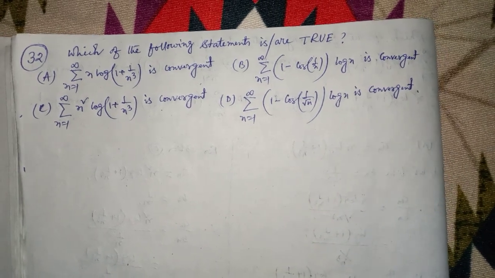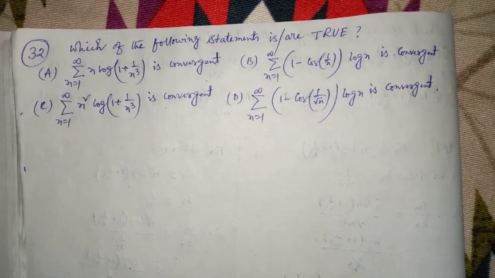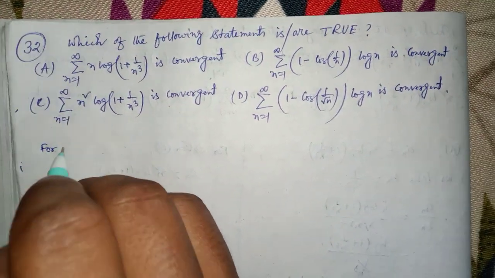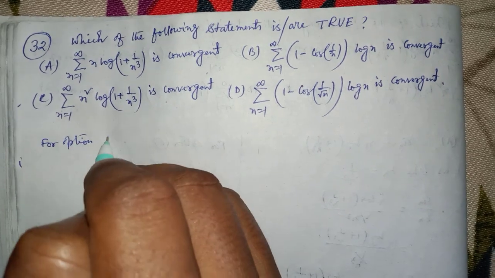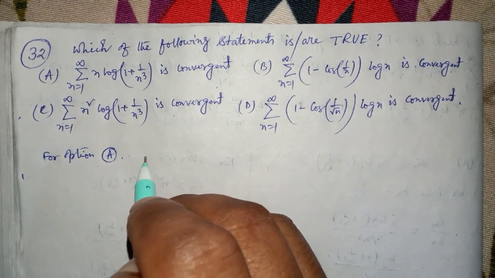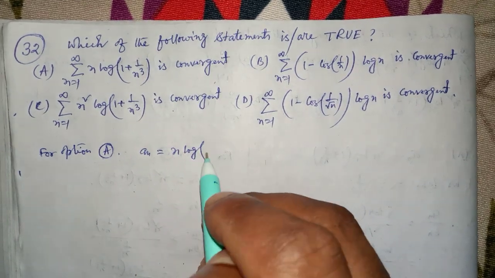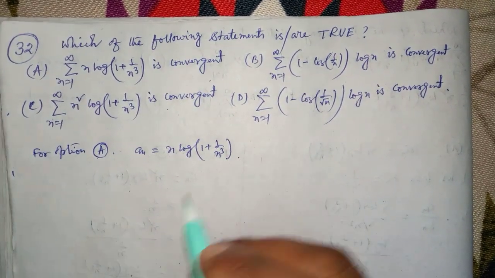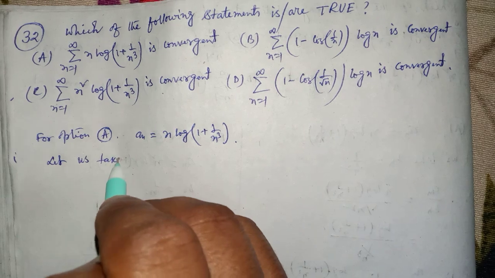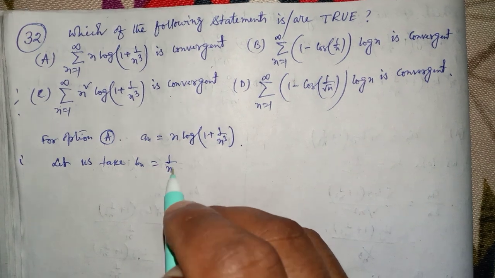So here for option A and C we will apply the limit form of comparison test. So for option A, here the nth term an is equal to n log 1 plus 1 by n cube. Let us take bn is equal to 1 by n square.